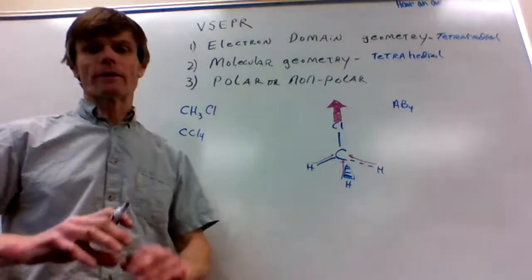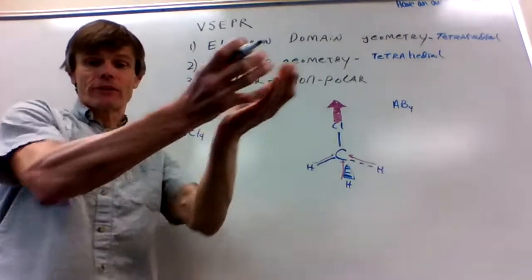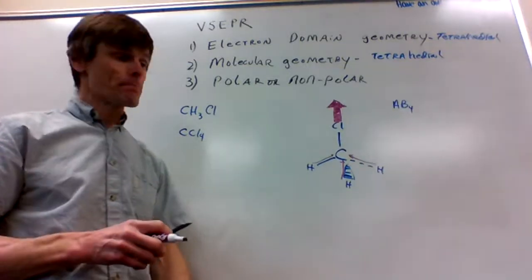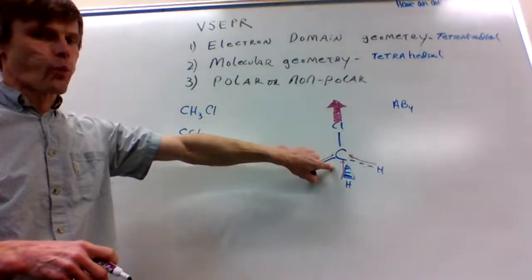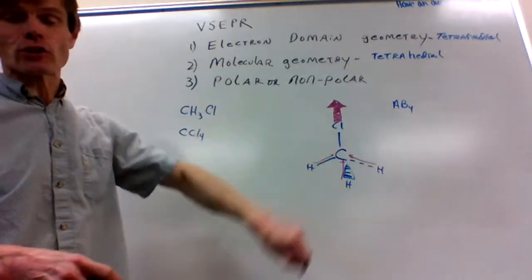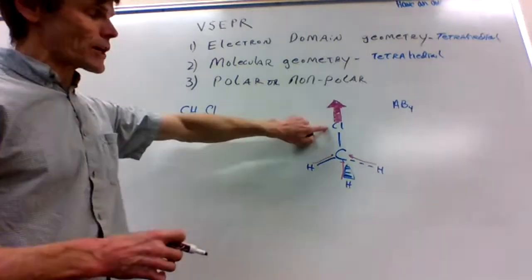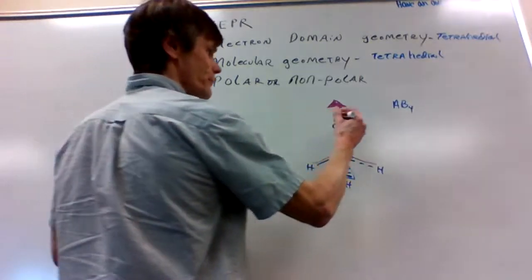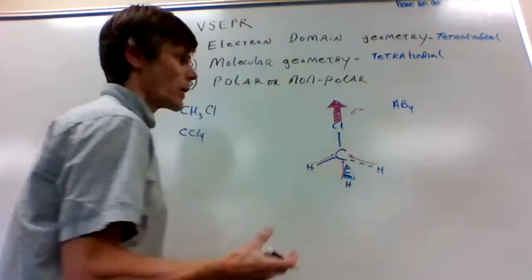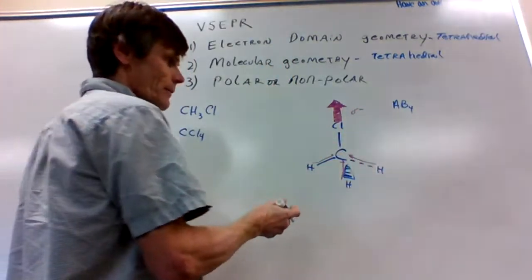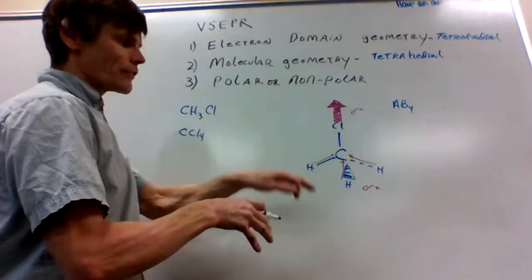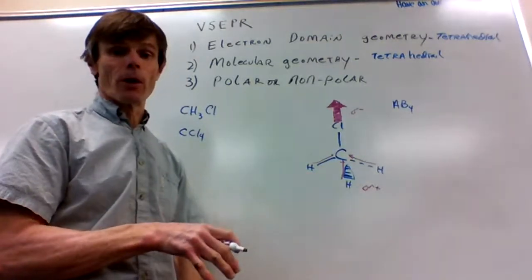Carbon tetrachloride, symmetric distribution of differences in electronegativity in comparison to our central atom. In this case, we don't have a symmetric situation. There is a net distribution of electron density that favors the direction of where our chlorine sits. And we would see that there's a slight region of negative charge separation towards the end of our chlorine part of our molecule, and a little less electron density towards the bottom of the molecule.